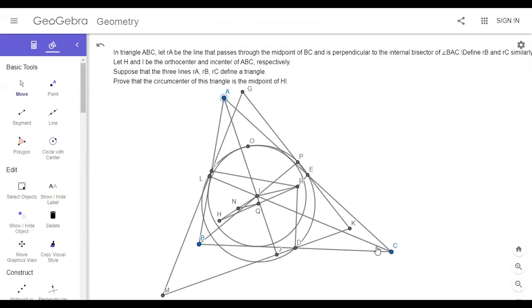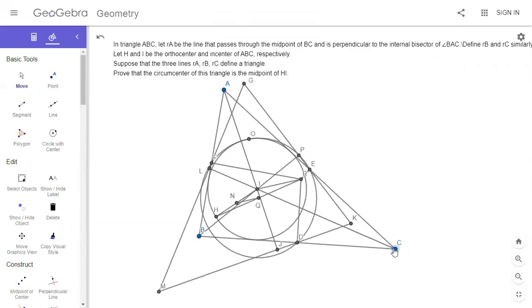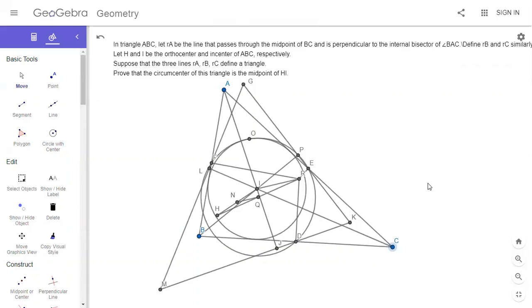Let me just see it. Here. It's trying to solve my AOPS name.